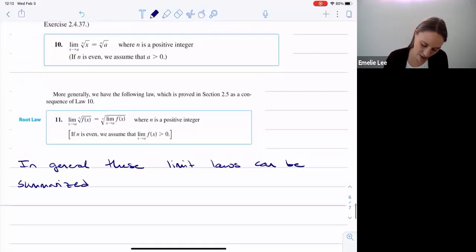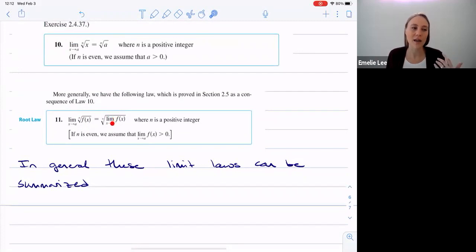So even if you've got some function inside the root here, I'm allowed to float that limit inside because there's a law that says I can, right? If you're about to distribute a limit, maybe check the laws that we have here first, right? Make sure that it follows one of these laws, but ultimately it will.